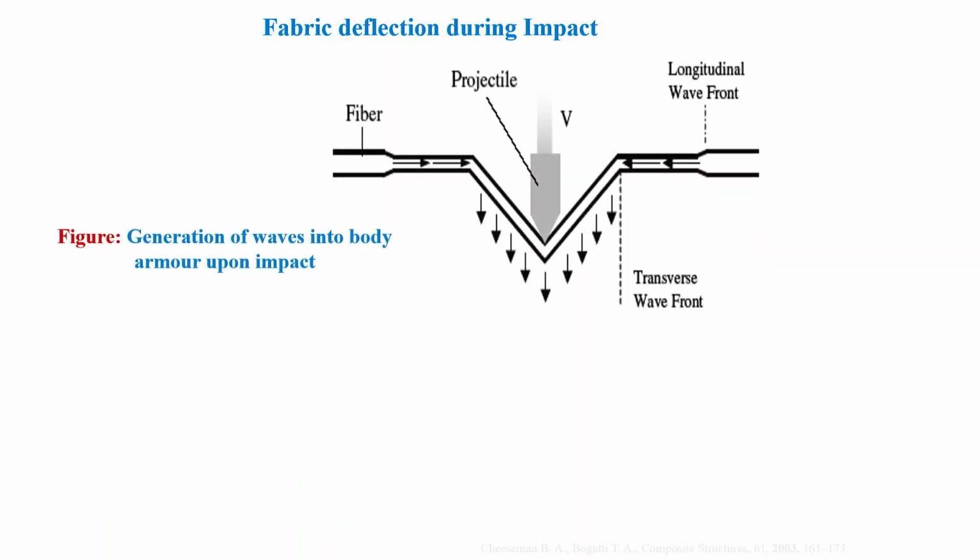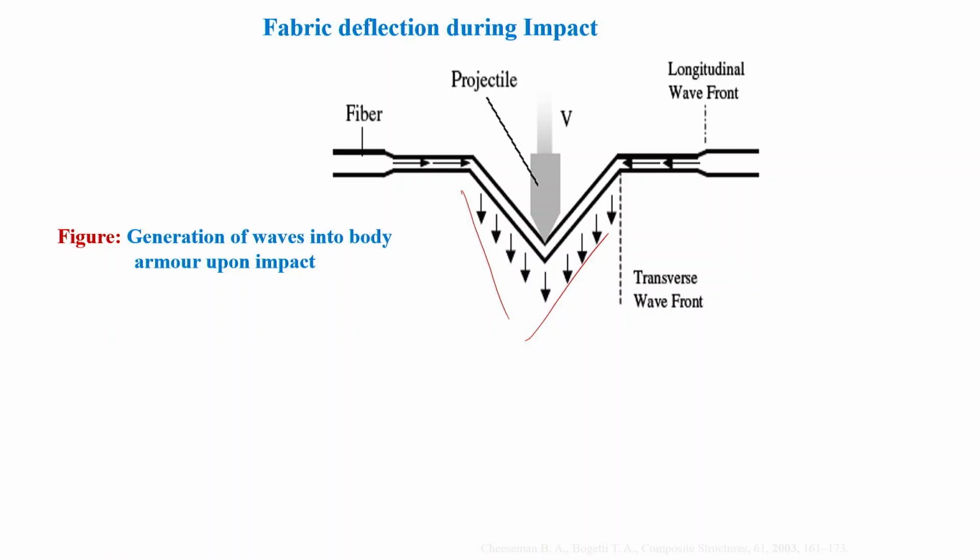Now, fabric deflection during impact. This is the fabric deflection that we have already discussed in detail, that is, the longitudinal wave will get generated and the fabric will get deflected. The main deflection will be on the projectile side where the force is.